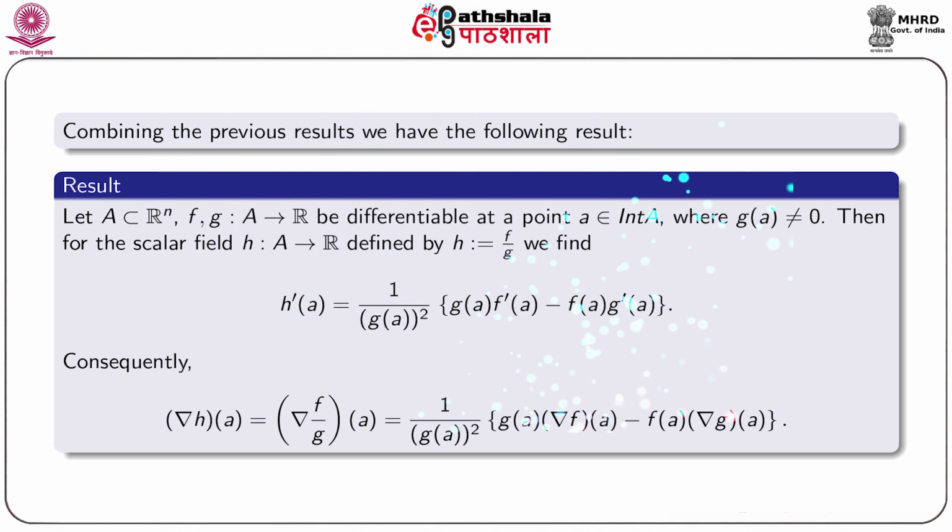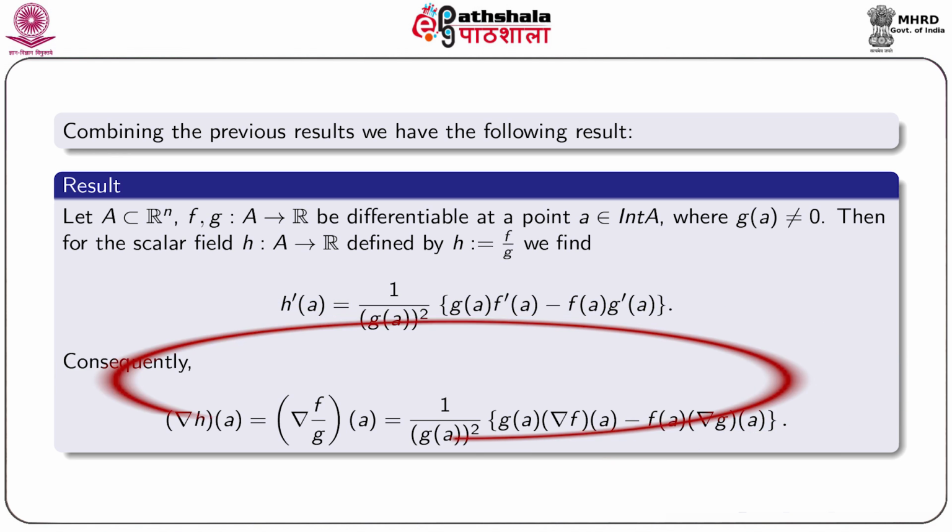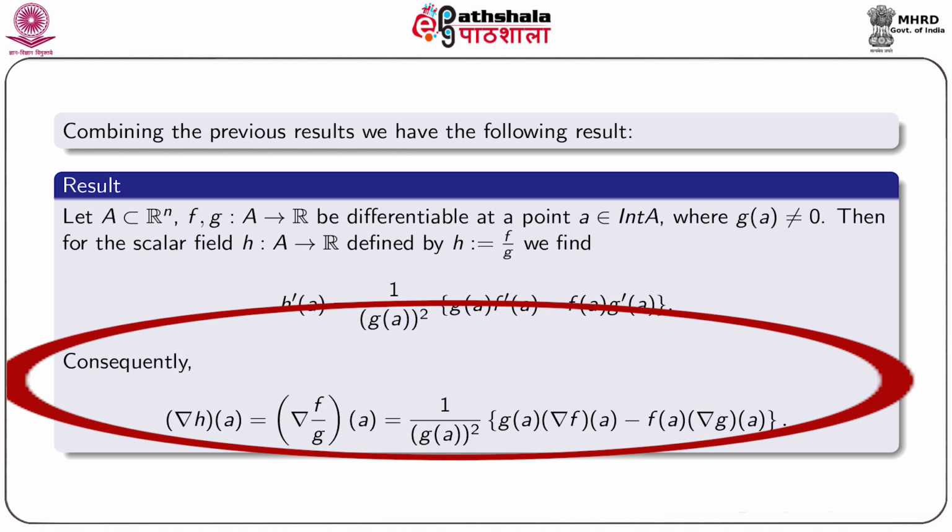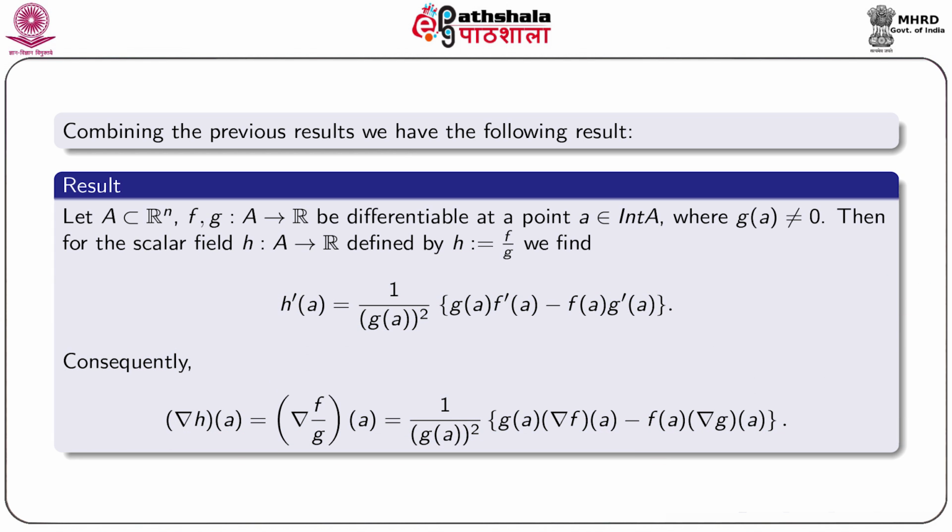Then h dash a equals 1 upon g(a) square multiplied by g(a) f dash a minus f(a) g dash a. Here h is nothing but f by g. Consequently, the gradient of h at a, the gradient of f by g at a, equals 1 upon g(a) square times g(a) grad f at a minus f(a) grad g at a.